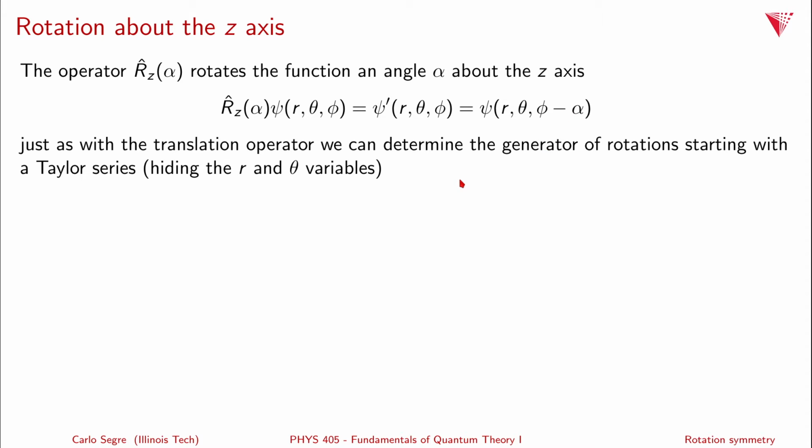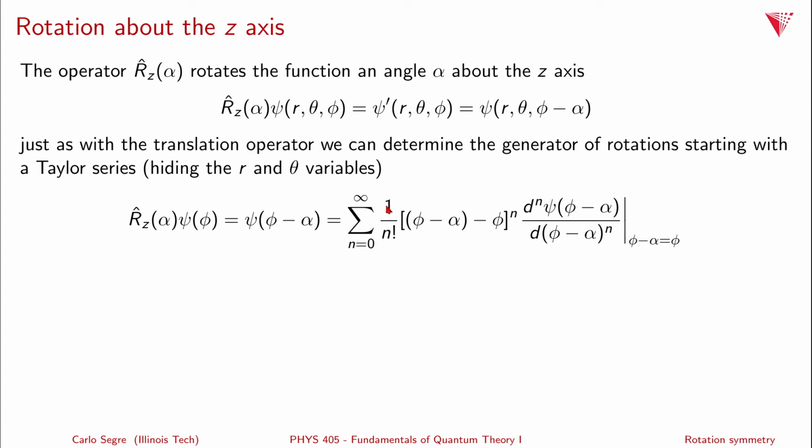So just like the translation operator, we can now determine the generator of rotations by starting with the Taylor series, and we're going to leave out the r and theta because they play no part in this. So R sub z of alpha applied to psi of phi is equal to psi of phi minus alpha, according to how the rotation operator works.